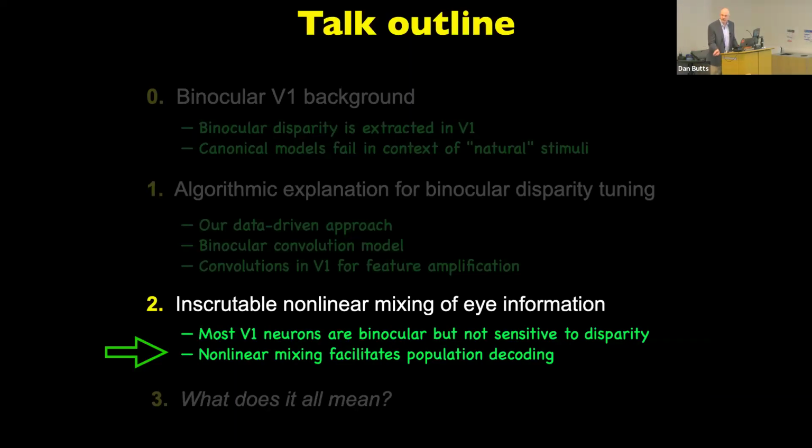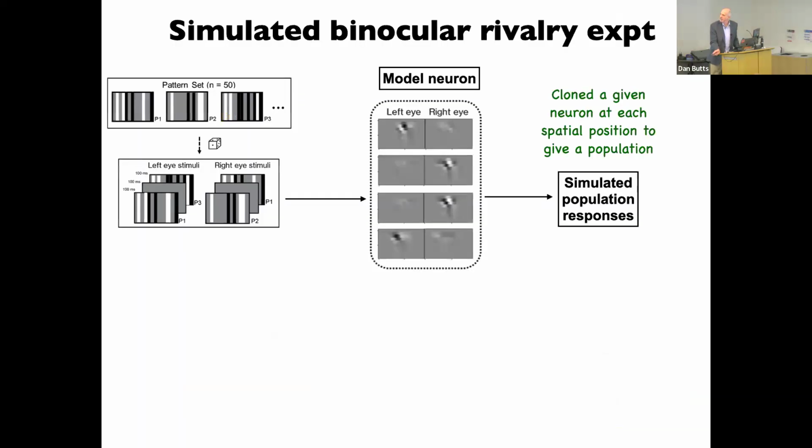And so this is meant to be a quick point, which is that nonlinear mixing actually preserves other types of information. If you consider one of these neurons that nonlinearly mixes left and right eye information, what we did is we simulated a whole population of these and then presented a set of patterns to both the left and right eye at the same time.